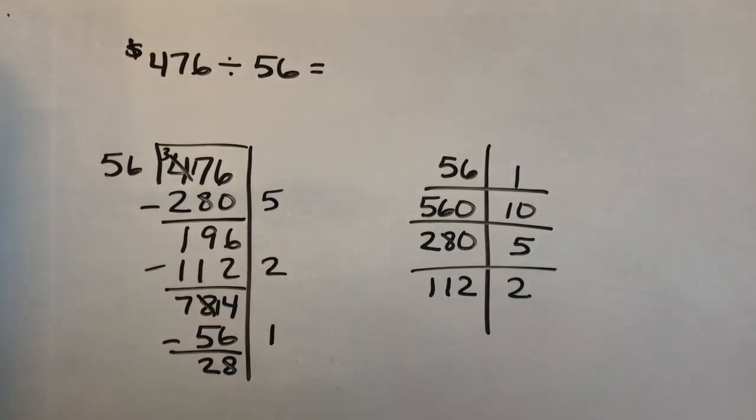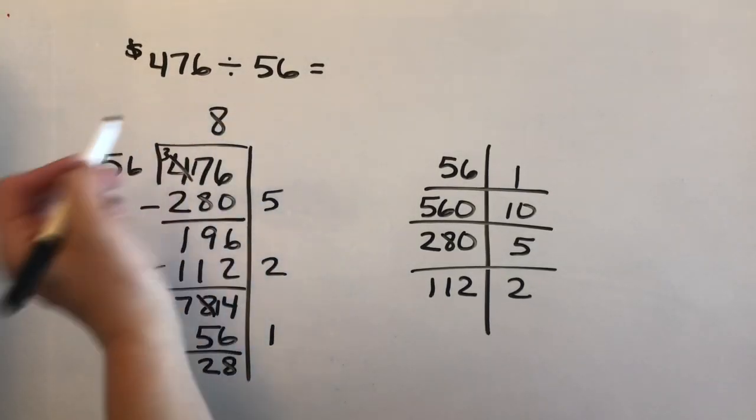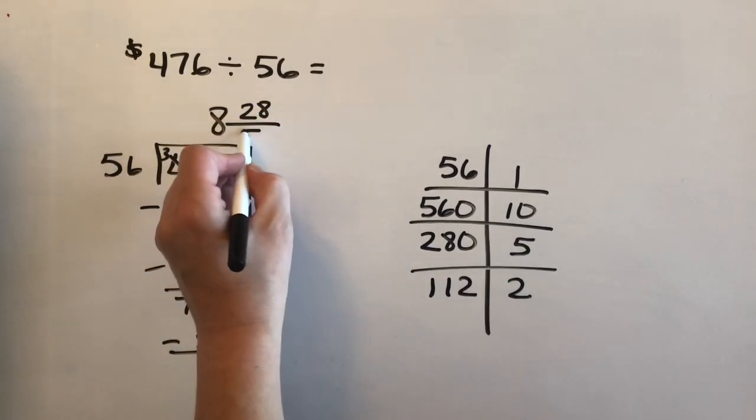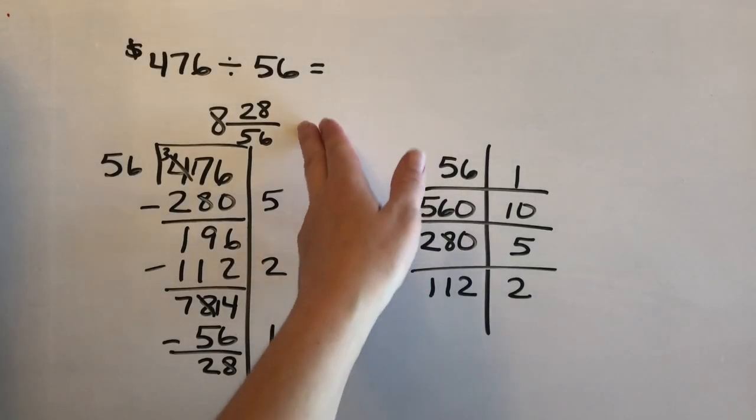And I get 28 remaining. So then I have 1, 2, 3, 4, 5, 6, 7, 8 groups with 28/56 remaining. Now, this is a money problem. Can whole dollars break into smaller parts? Yes, they can. We have change, and that change is what this 28/56 is.